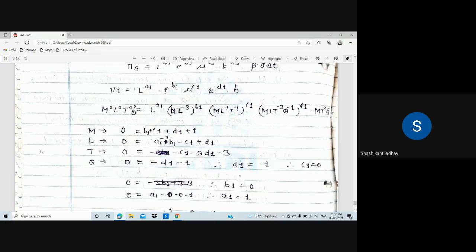Okay, so all of you write down the equation for pi 1: L raised to a1, rho raised to b1, mu raised to c1, K raised to d1 into h. Write down the dimension of each term, and after that compare the powers of M, L, T, theta, and by comparing the powers calculate the values of a1, b1, c1 and d1.